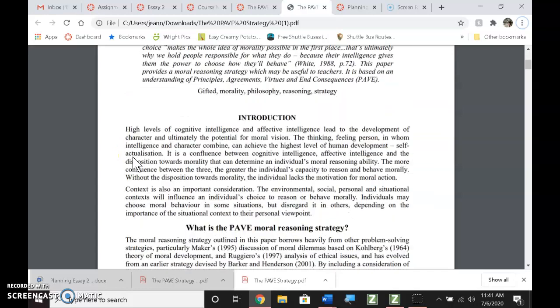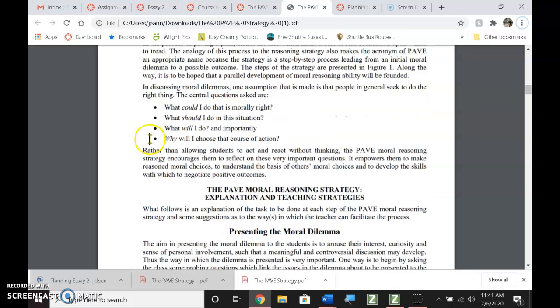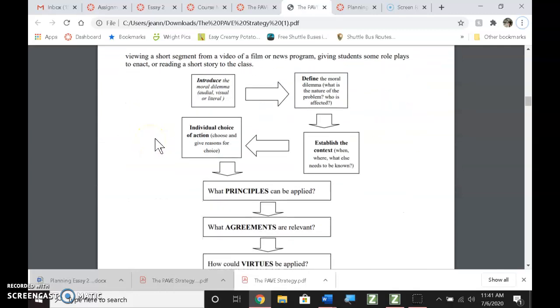And if you need a quick refresher on the 4 different moral approaches, principle, agreement, virtue, and consequences, you can find those here on the 2nd page. And then we also have this flow chart that helps us to think through the critical thinking process as it relates to a moral dilemma.